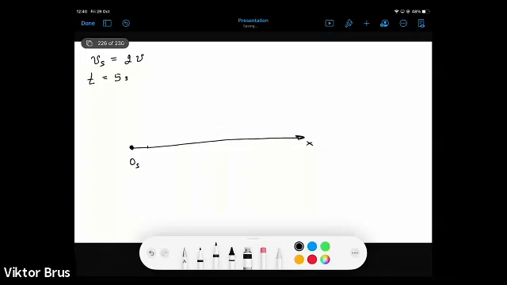Let us divide it into 10 equal segments: 1, 2, 3, 4, 5, 6, 7, 8, 9, 10.